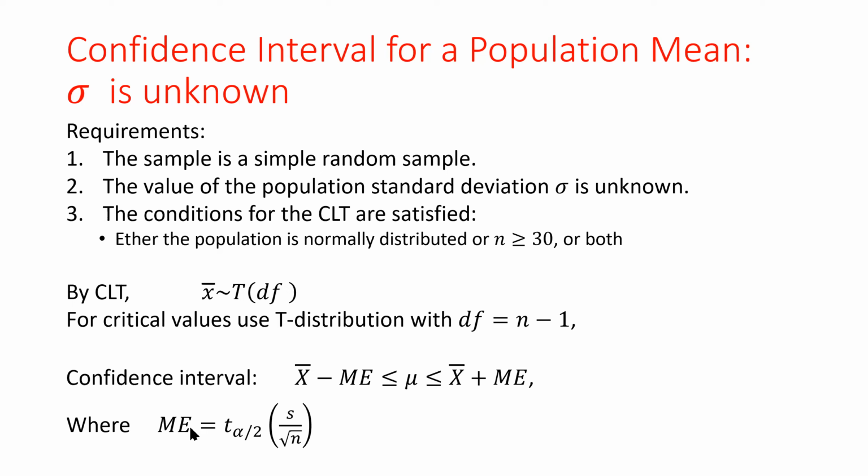The margin of error is t, our critical value from the t-distribution of alpha over 2, multiplied by the standard deviation of the sample, s, divided by the square root of the sample size. Remember, from the central limit theorem for the distribution of sample means, we had sigma here, but because we don't have sigma, we're using s instead.